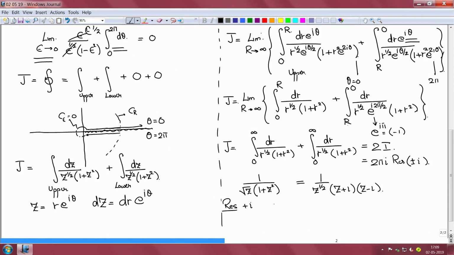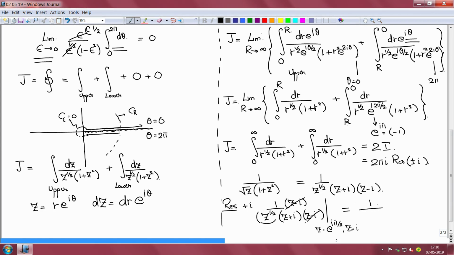is given by 1 over z to the power half, z plus I into z minus I, multiplied by z minus I, evaluated at either z equal to e to the power of I pi by 2 or z equal to I. So we get a cancellation, and for z to the power half I use z equal to e to the power I pi by 2.